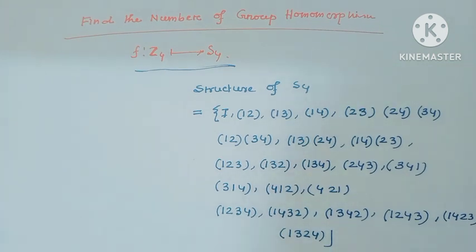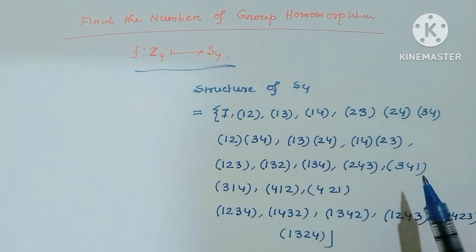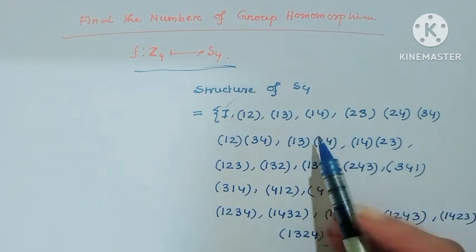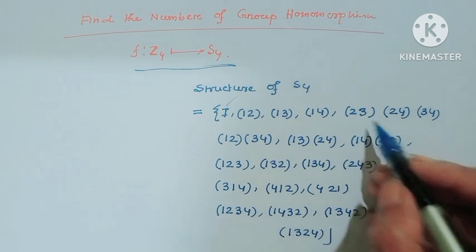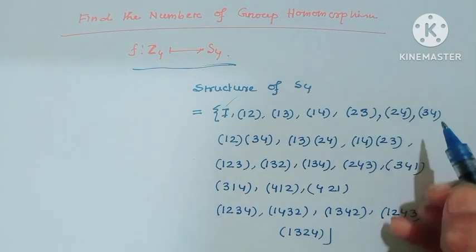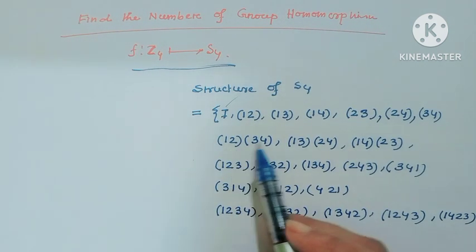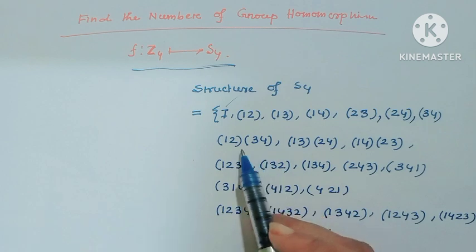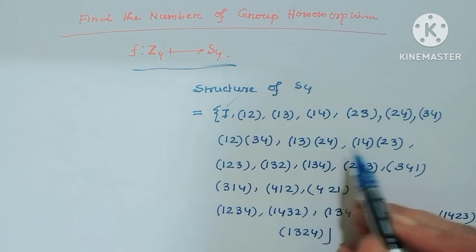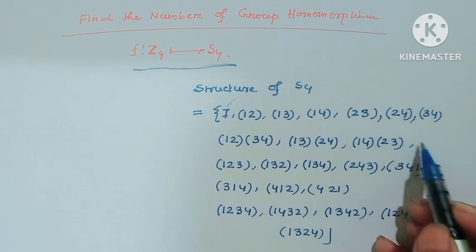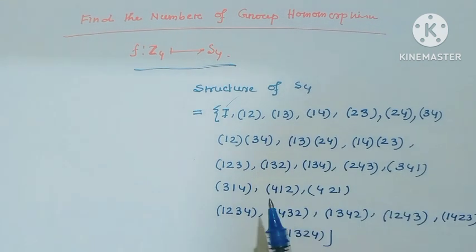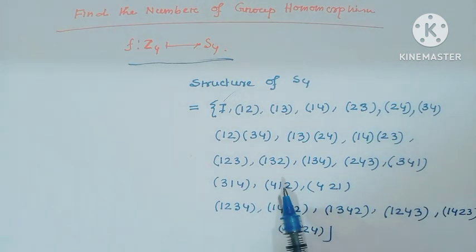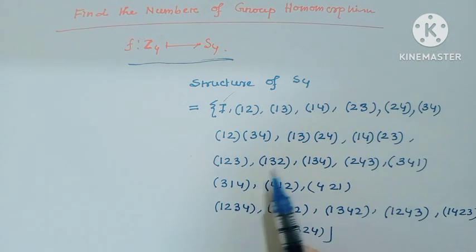Here the elements of order 1: identity. Order 2 elements are (1 2), (1 3), (1 4), (2 3), (2 4) and (3 4), and another type of order 2: (1 2)(3 4), (1 3)(2 4), (1 4)(2 3). There are 9 elements of order 2 in S4, and there are also elements of order 3 in S4.